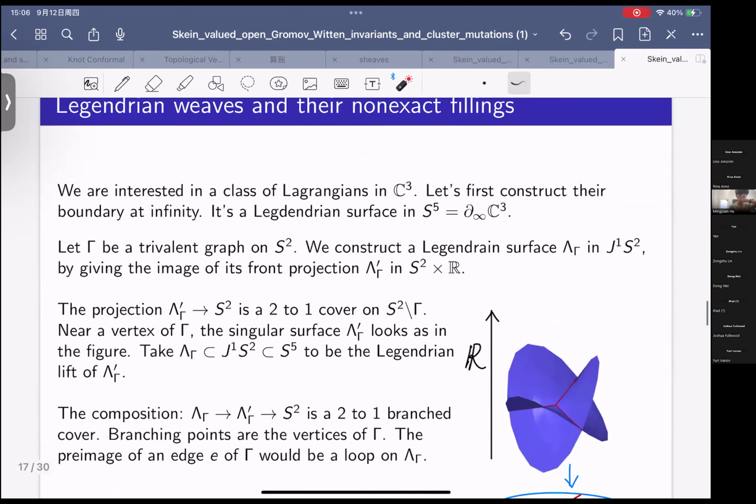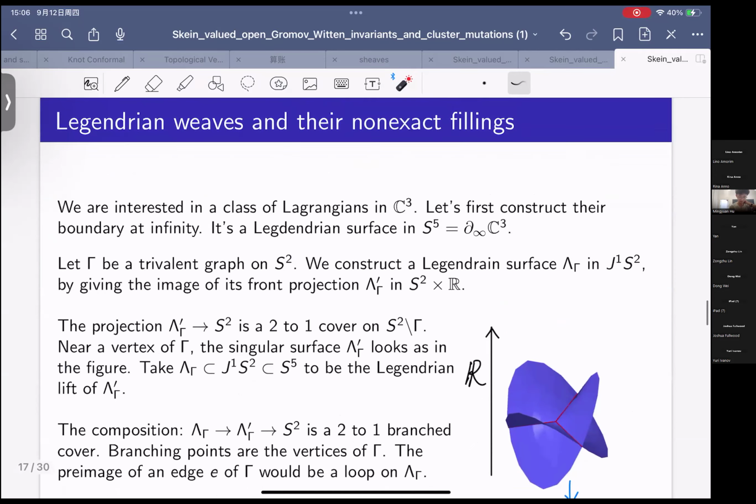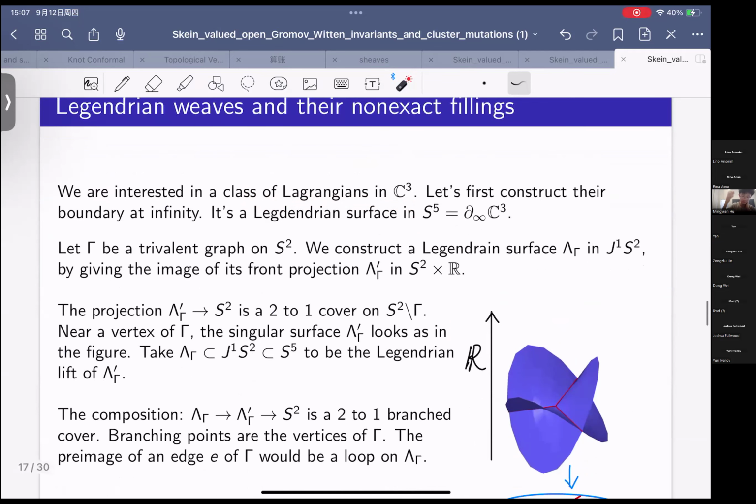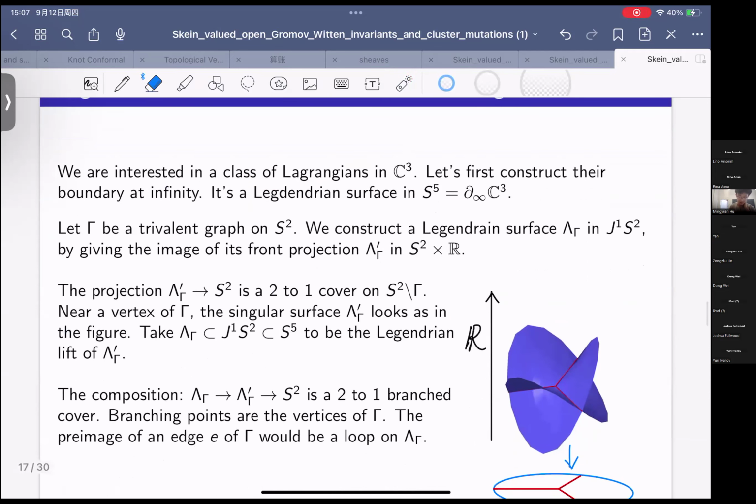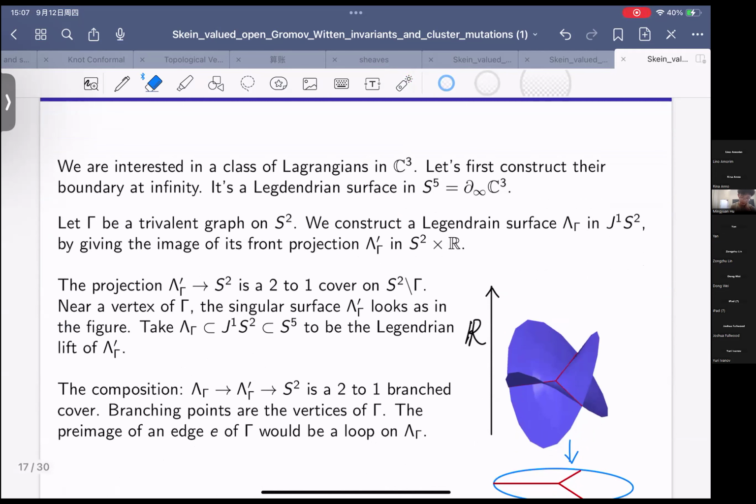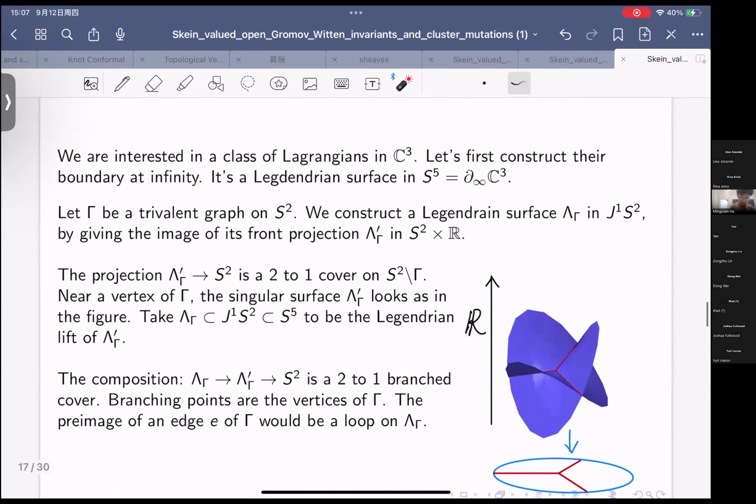So what we are interested in is a class of Lagrangians in C3, and as Ian said, it's cylindrical at infinity. So near infinity, it's a Legendrian. Let's first construct this Legendrian inside S5.